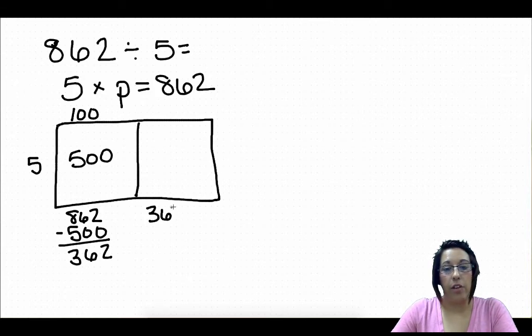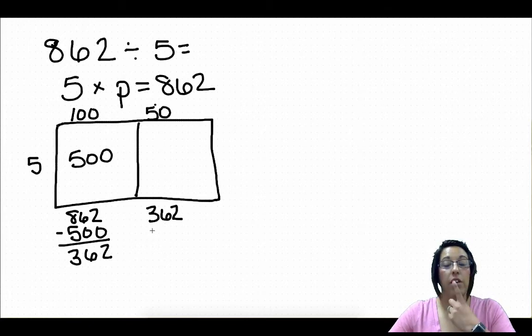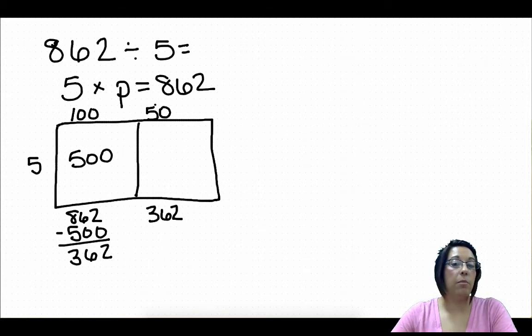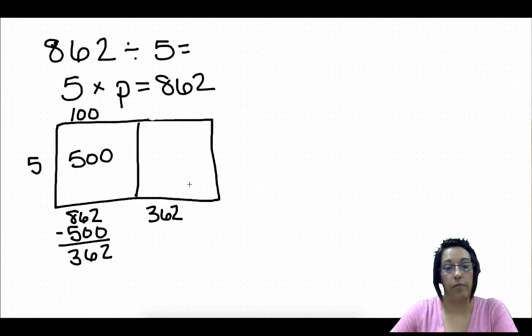So we have 362 left. Well, if 5 times 100 is 500, 5 times 50 would be 250. Can we think of a larger batch? What if we did 5 times 6 would be 30, so 5 times 60 would be 300.